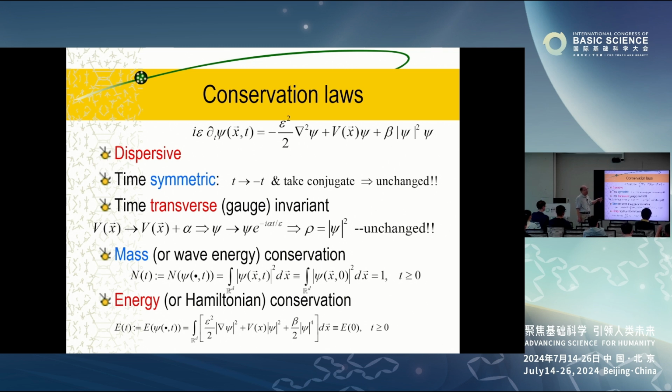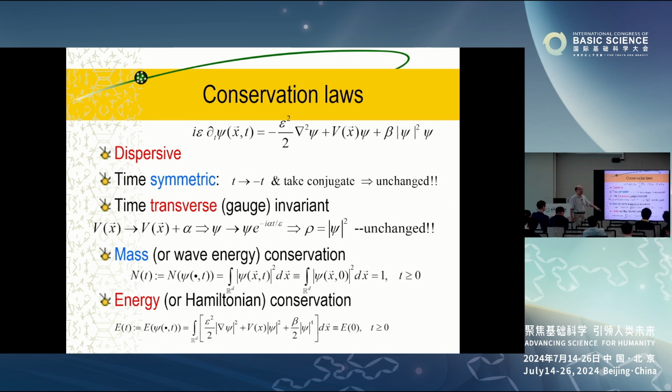I want to review some properties here, so that later, for the different numerical methods, each method will preserve some property or structure. Normally, so far there is no numerical method that can preserve all of the structure. Time symmetry means you take t to minus t, take a conjugate, and the equation doesn't change. There is also time transverse invariance: if you perturb V by a real constant alpha, the wave function gets a phase factor, which implies the density doesn't change.